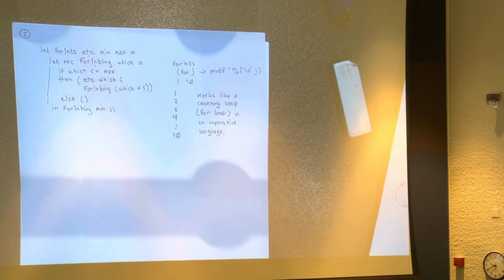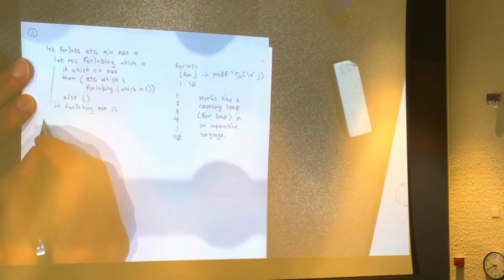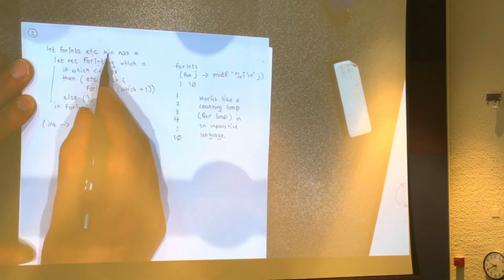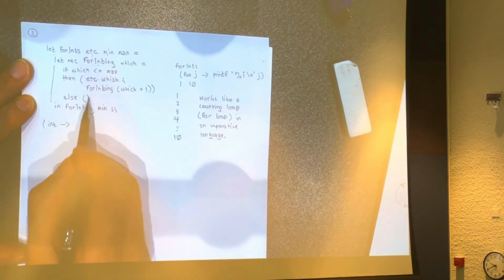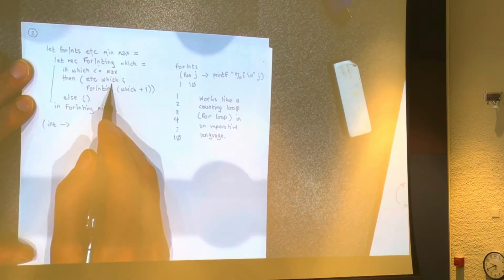Then what's the type of for_ints? I don't know, let's figure it out. So this is taking a function, the continuation, that takes an integer and returns, let's see, what does it have to return?